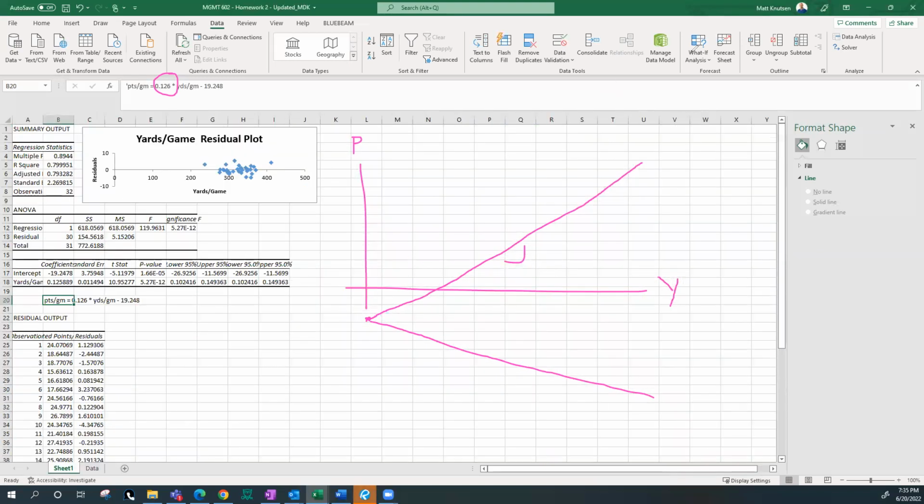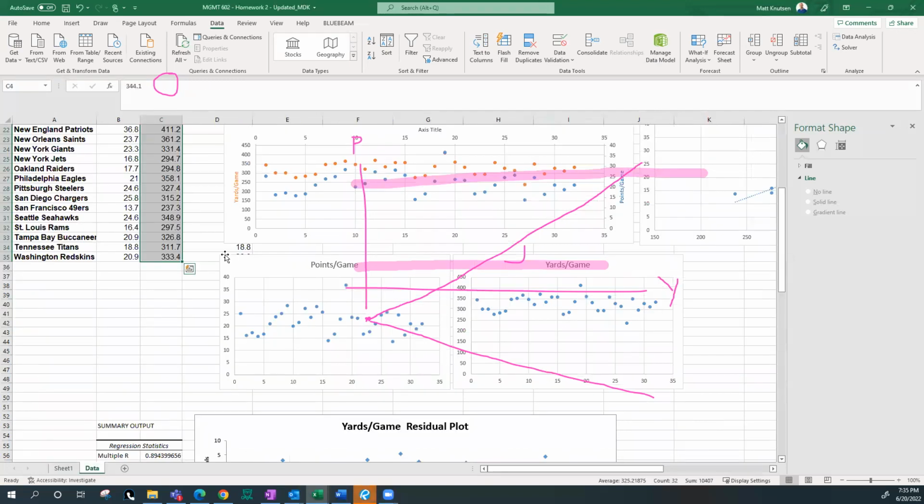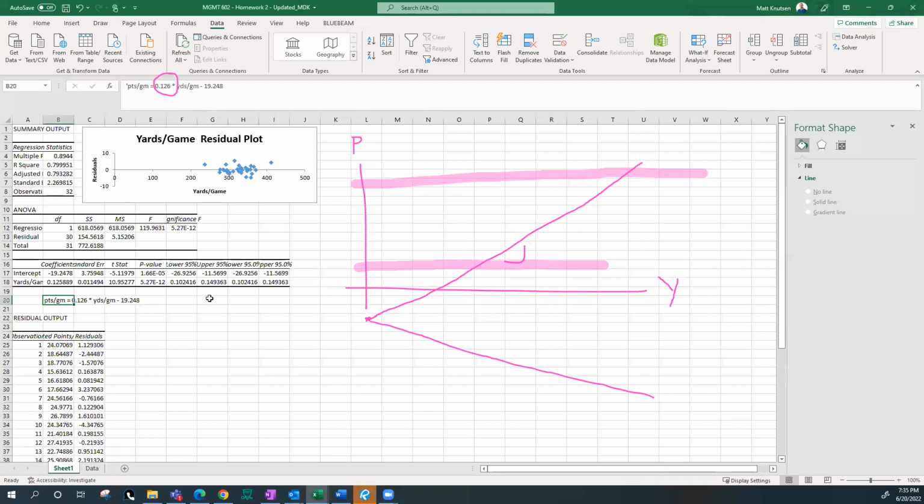So really the range that we're actually working over is like here to there, right? We're operating in that range. Is that the P that you were talking about before? No, this is points per game. I mean, excuse me, the lower 95 and the upper 95. Yeah, it would be. Because on our regression summary, it says negative 27 and negative 11.